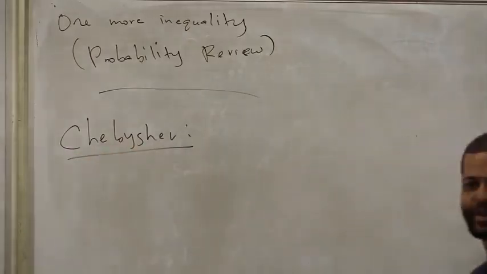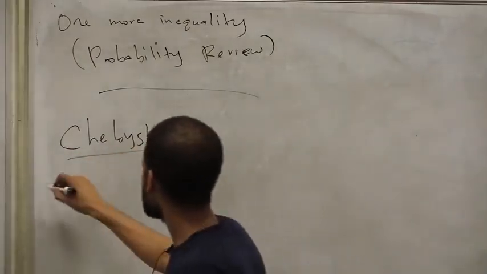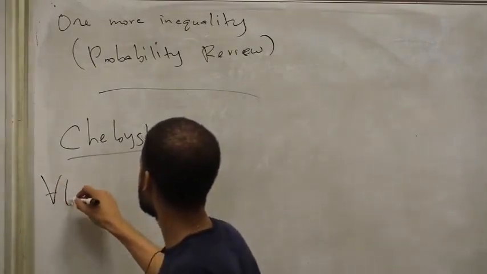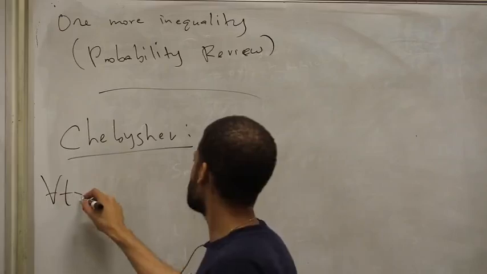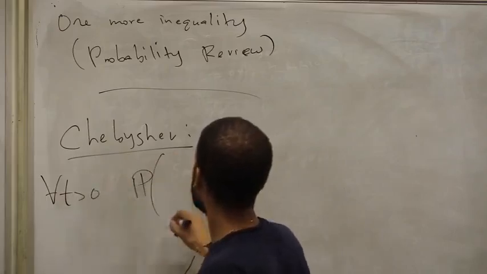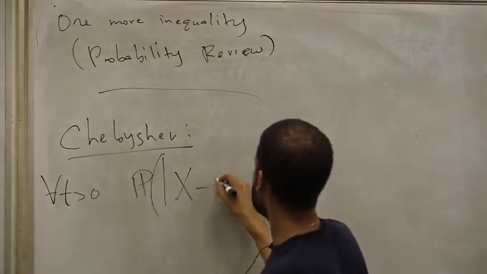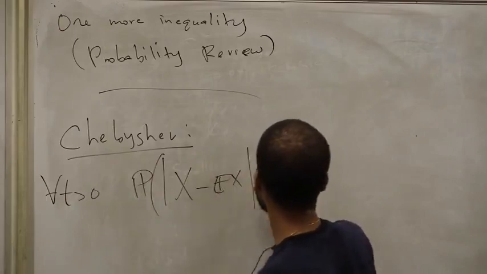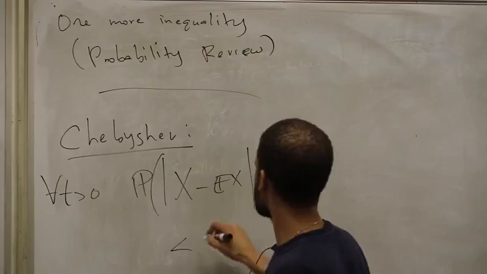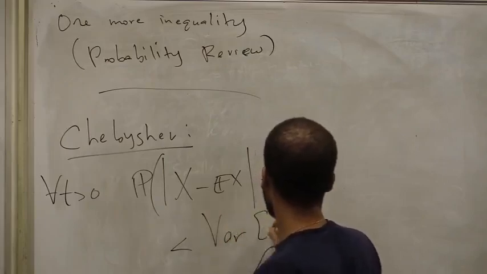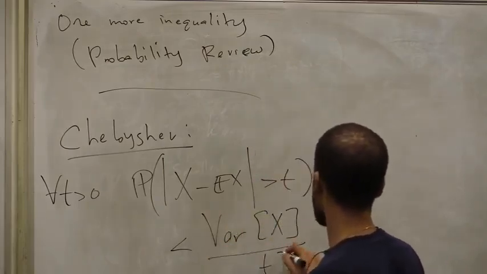So X is some random variable. And it says for all t greater than 0, the probability that X deviates from its expectation by more than t is at most the variance of X divided by t squared.